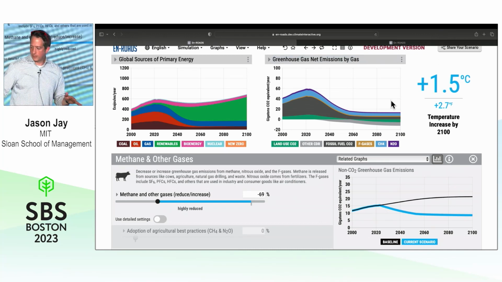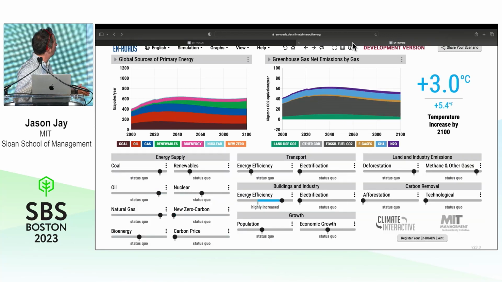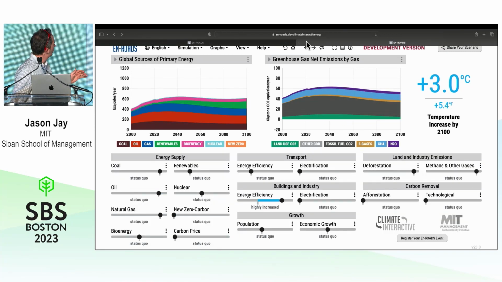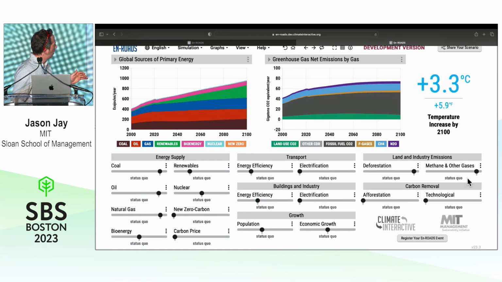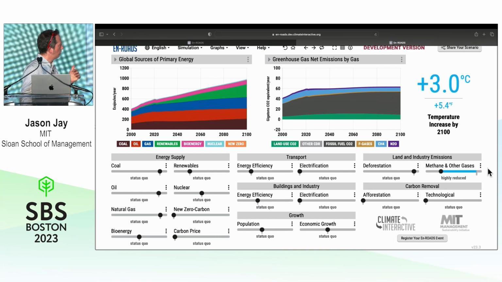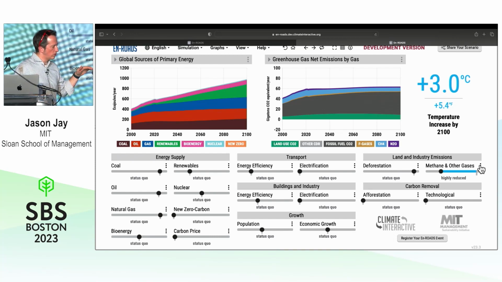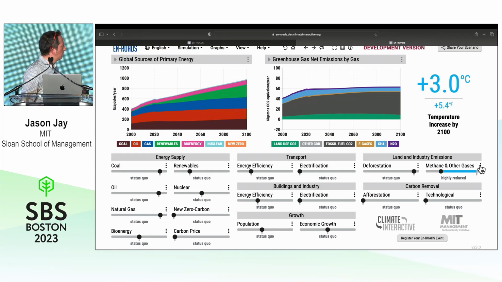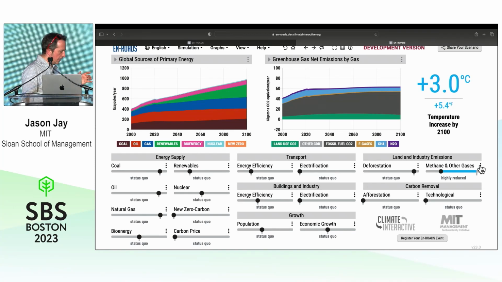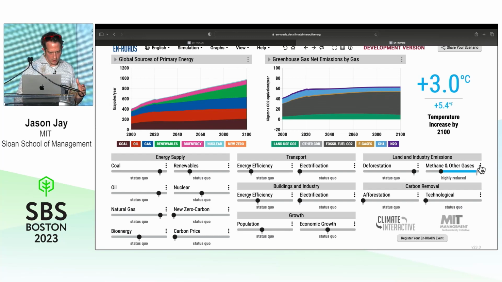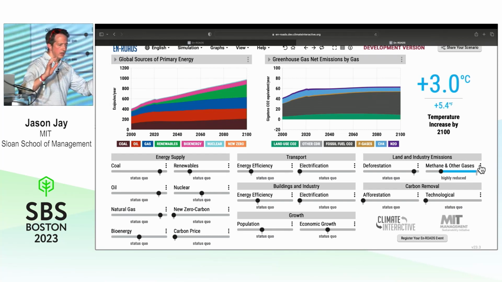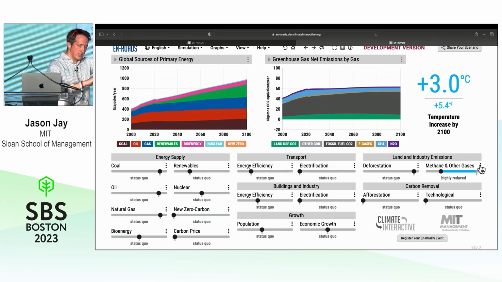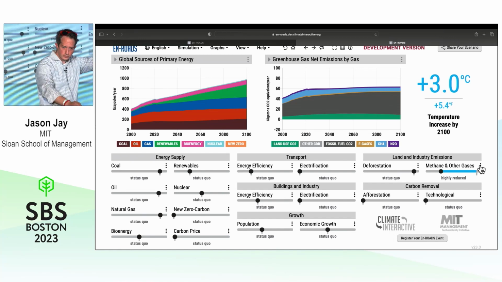Okay. And again, just to show for a second, without doing anything else, if we just worked on reducing methane and other gases, it's 3/10 of a degree that you can get pretty quickly. So a lot of emphasis right now is being paid to this in the near term, because it's the fastest move that we should make. If you think about the atmosphere like a bathtub, our emissions are like the faucet, and then there's a drain.